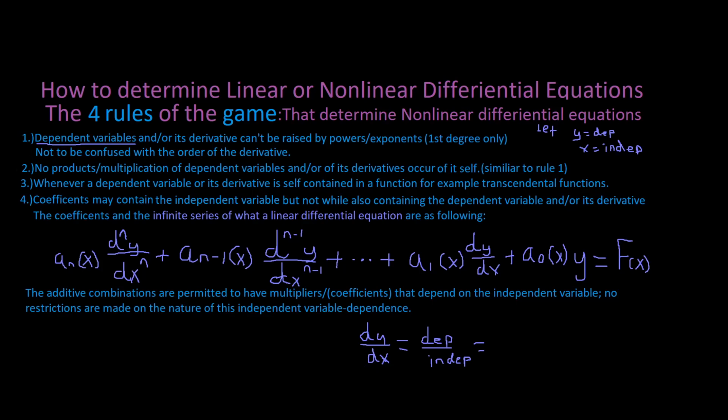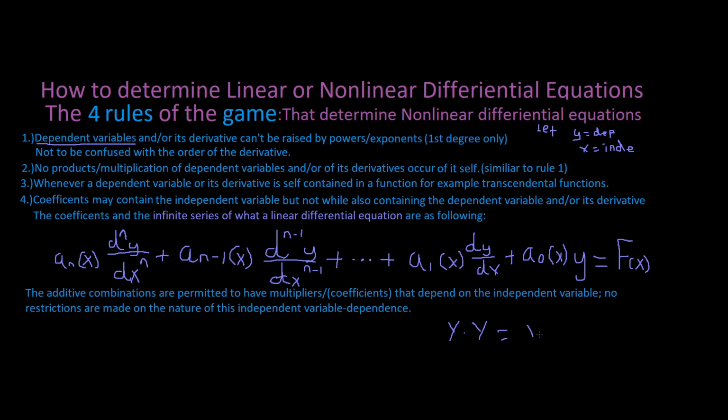Now we need to understand our second rule. It says no products or multiplication of the dependent variable and/or its derivative with itself, similar to rule number 1. Just like rule 1, where we can't have powers or exponents, what happens when we multiply our dependent variable by a dependent variable?